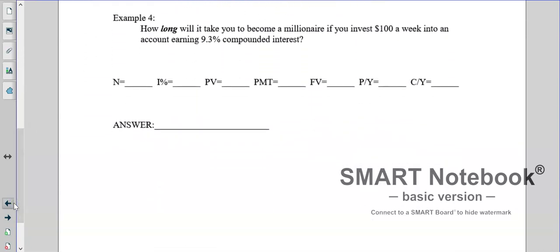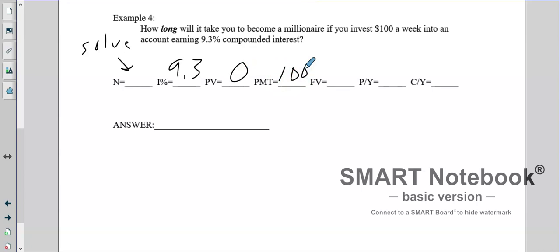All right, example 4. How long will it take to become a millionaire, all right, if you invest $100 a week into an account earning 9.3% interest? Okay, so we're trying to calculate this. How long? Okay, now my interest is 9.3. My present value is 0. My payment is $100.